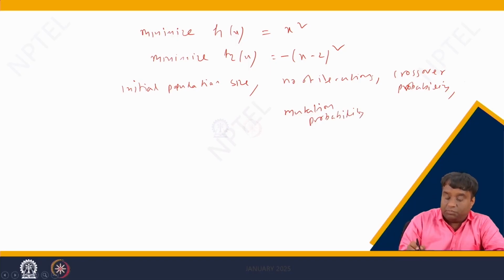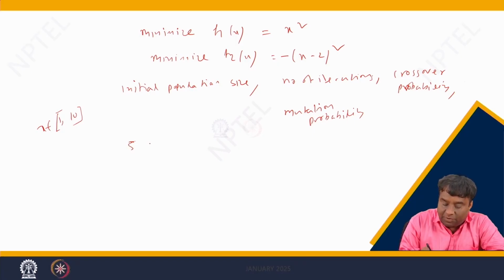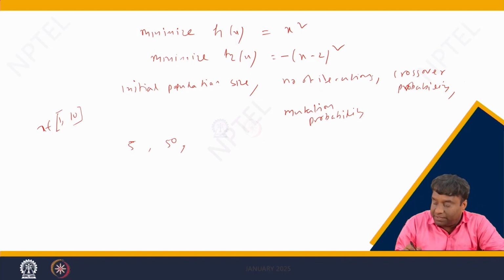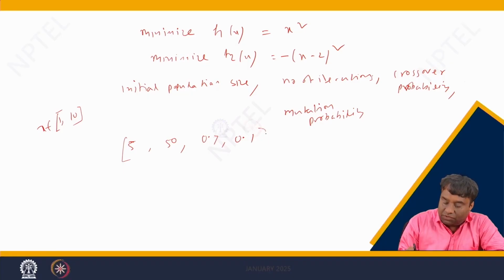Suppose x belongs to the interval 0 to 10. The initial population size may be 5, the number of iterations, let's say 50, the crossover probability, let's say 0.7, and the mutation probability very small, like 0.1. So this is a vector.